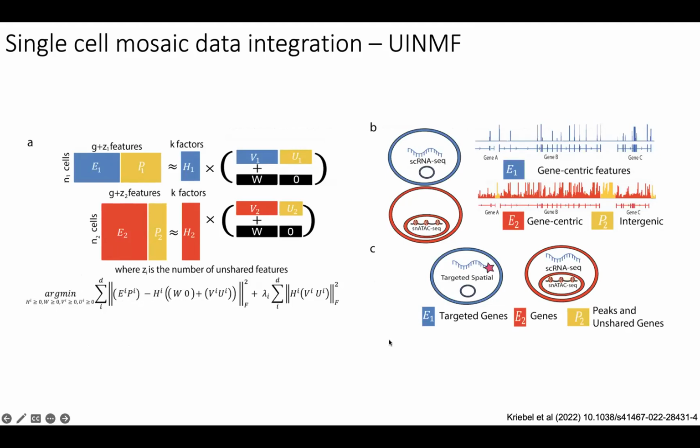One is an approach called UINMF, which is unshared features non-negative matrix factorization. The idea here is that if you have different sets of data with different sets of features, so in this example we've got Z1 features and Z2 features that are not shared between these two, then you can incorporate an assumed-to-be-shared matrix within the factorization, so that it becomes essentially a joint optimization.